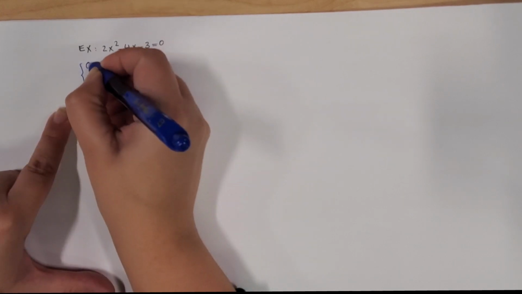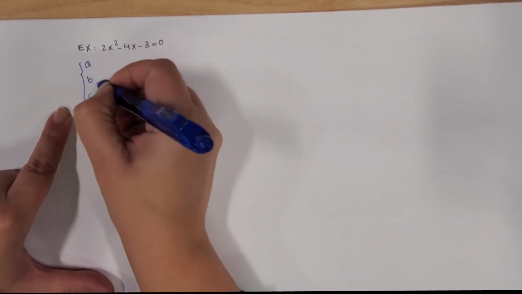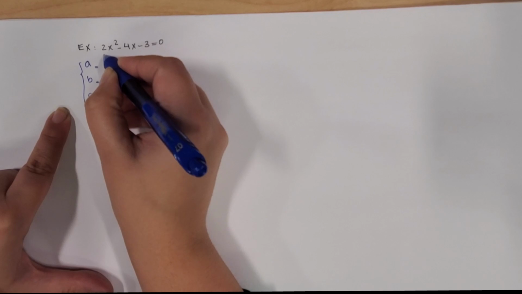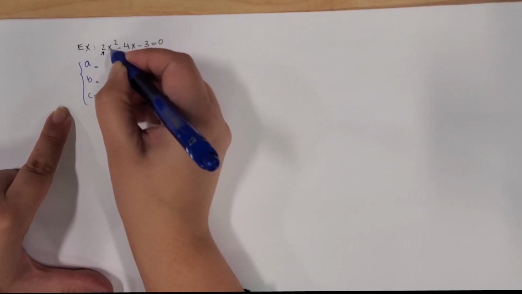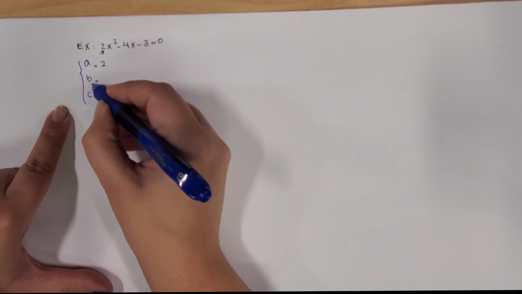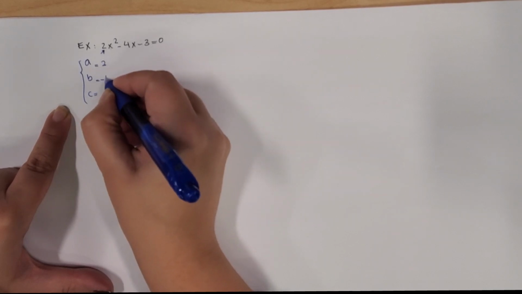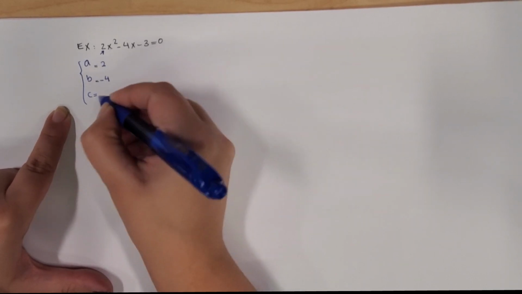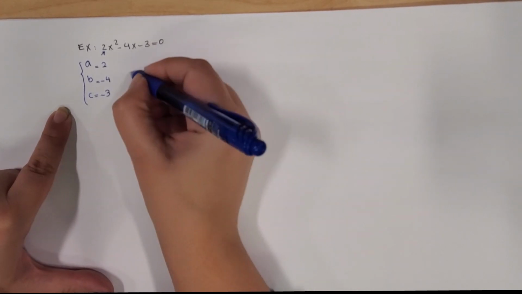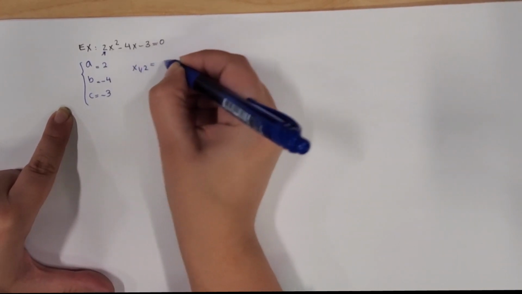So first, let's identify a, b, c. What is a? It's the coefficient of x to the power 2, so it's 2. b is the coefficient of x, -4, and c is the constant, right? So now I will rewrite my formula again.